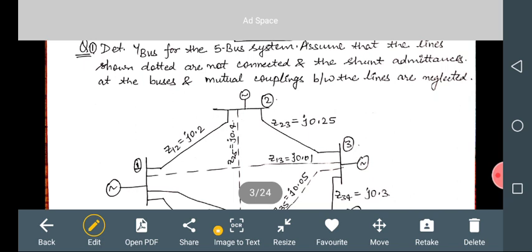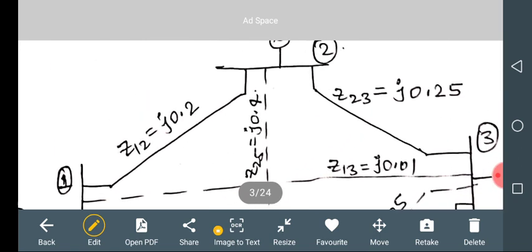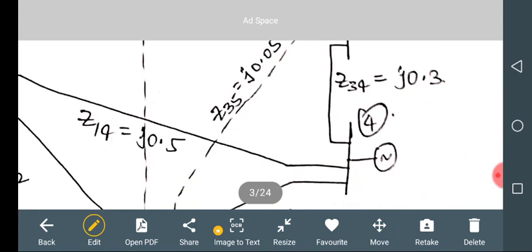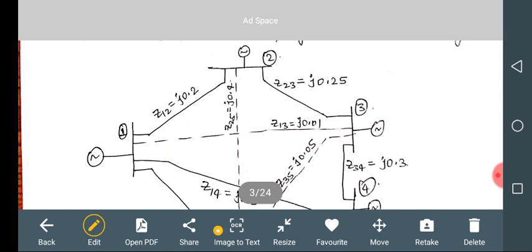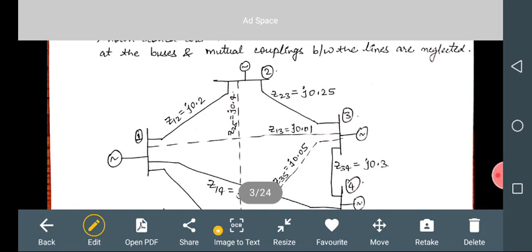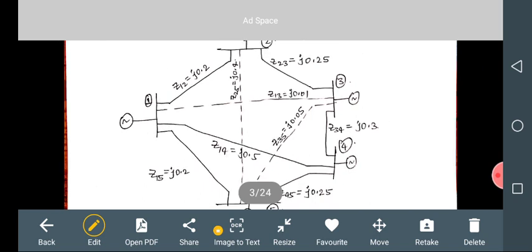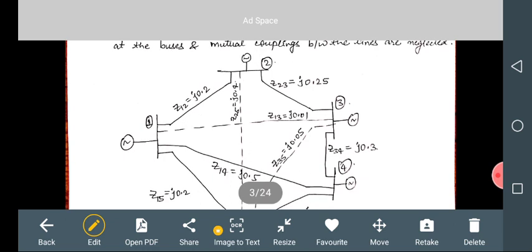So, in this given power system network, we have a 5 bus system, that is bus number 1, bus number 2, bus number 3, bus number 4 and 5. I have mentioned them for you. Now to write Y bus matrix for this given power system network, we have to identify two most considerable things: how many buses are there in our power system network, and the second thing is which type of buses are connected there.